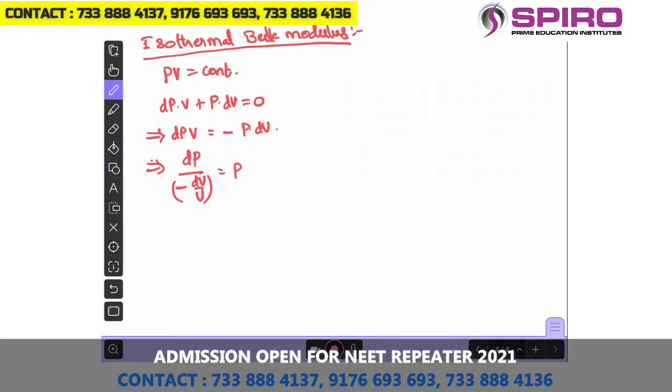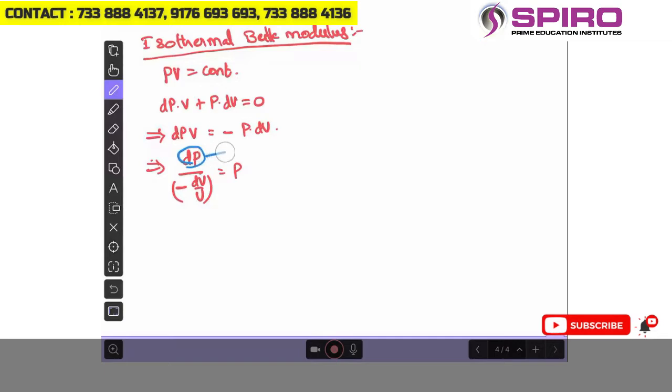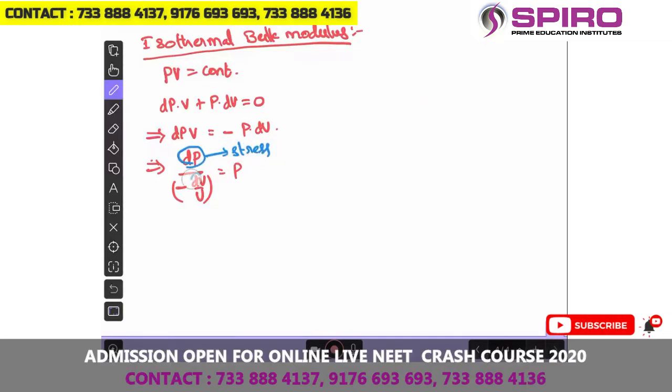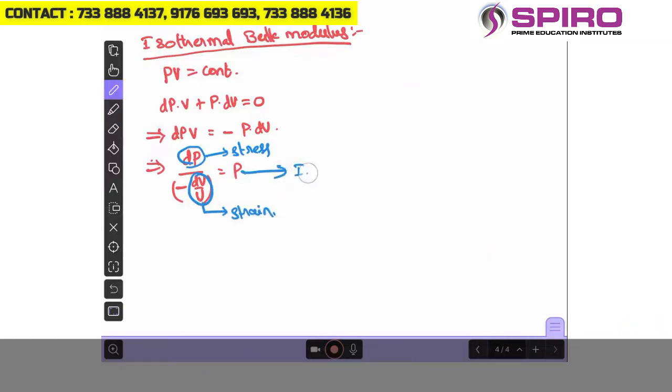So what does it mean? dP is the stress and dV by V is the strain. So stress by strain is nothing but the bulk modulus. So this is called the isothermal bulk modulus.